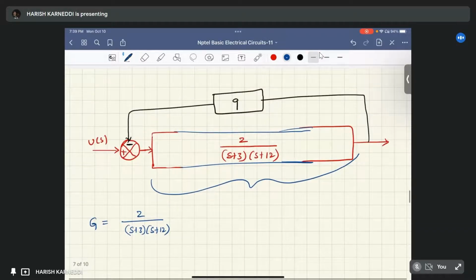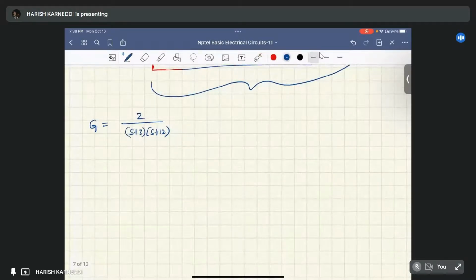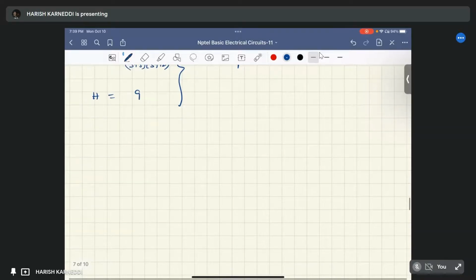What about the feedback path? Feedback path is having a gain of 9. It means the value of h equals 9. It is a negative feedback path, negative loop. So what is the closed loop transfer function? The closed loop transfer function of a negative loop is, that is C of S, only, right?